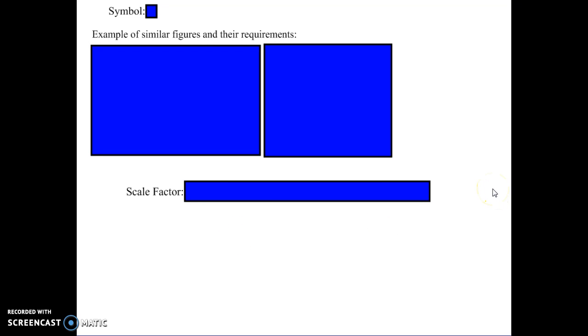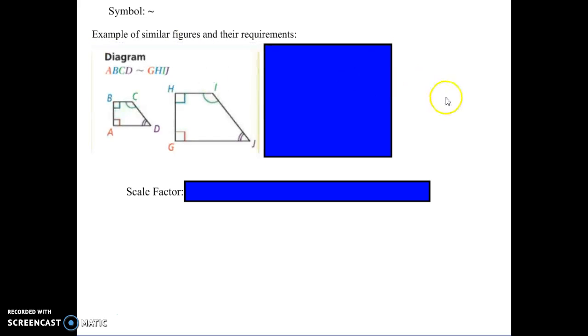Okay. Next, we need to talk about when we actually write it down. The symbol for similarity is a squiggle. If you think about the congruent symbol, it's the squiggle above the equal sign. So you just drop the equal sign, and just use the squiggle. They gave us two similar figures here. They tell us that ABCD is similar to GHIJ.